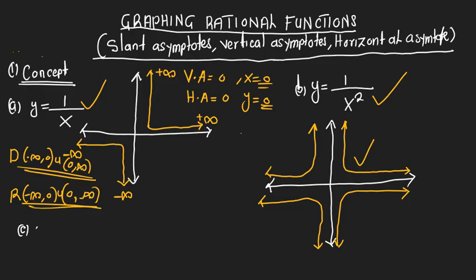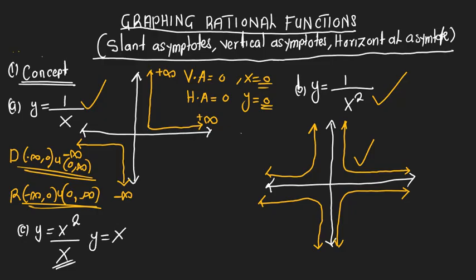If you have been given a polynomial function, there's a denominator, then there's a numerator. If the numerator has got a high degree, let's say 2, compared to the denominator, then this has got a slant asymptote.